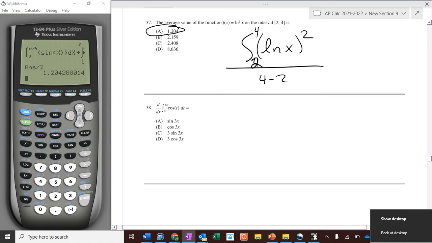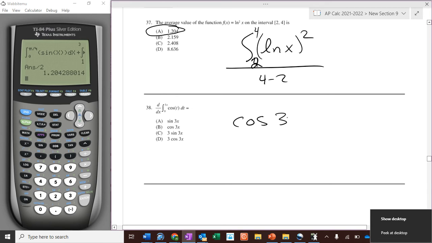The next one, I don't know why it's in the calculator section because it's a total non-calculator problem. It's the fundamental theorem of calculus. Okay. When you take the first derivative of an integral, you just put the number in.